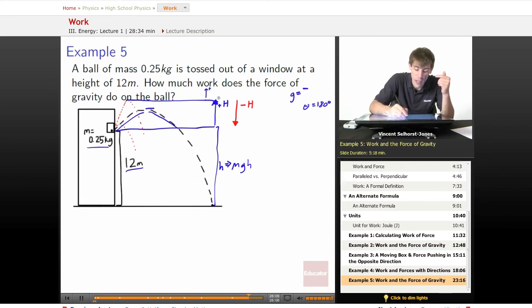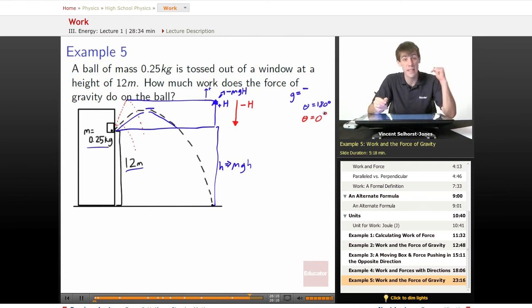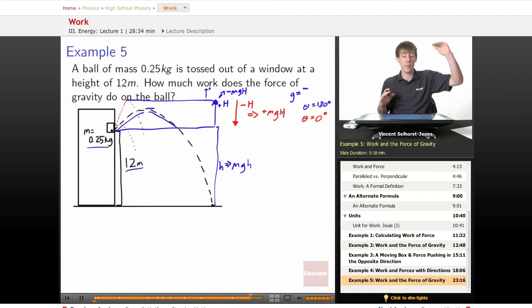So this is going to give us negative mgH. What about the direction where it goes down? That's going to be theta equals 0, because now they're going in the same direction. So this is going to be positive mgH, right? You go up by some amount of height, but you're fighting against gravity, so gravity is taking work out of the system, so that means a negative work. So negative mg, the amount you travel up.